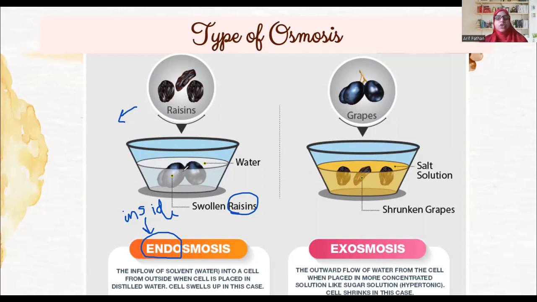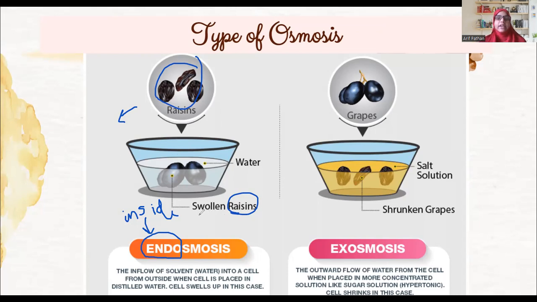So when you soak kishmish, when you soak raisins in water, you might have observed what happens after some time. Let's say keep it for 3 hours or 4 hours or overnight. The raisins which are shrunk, sun dried, after a certain time will swell up.